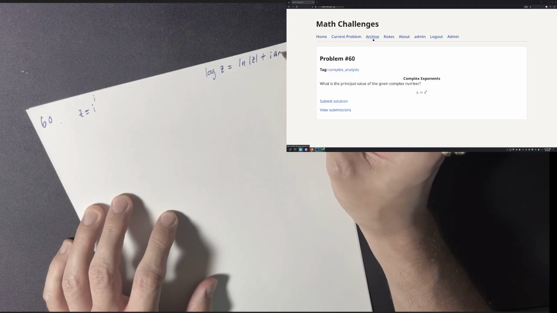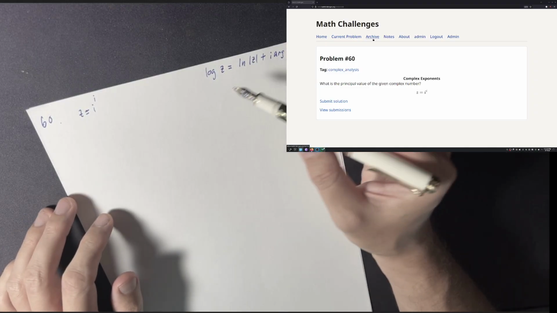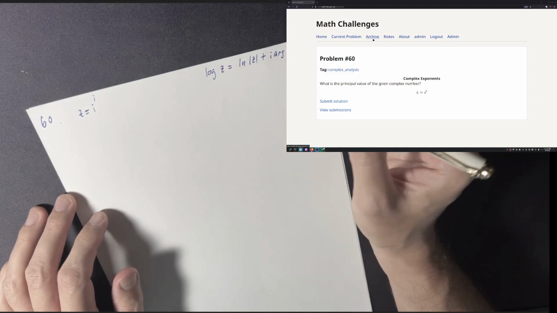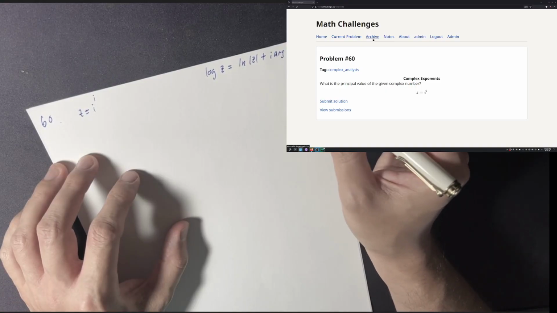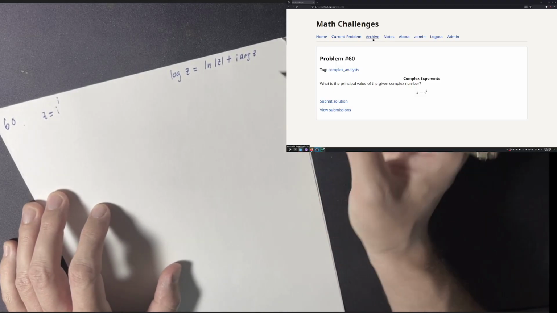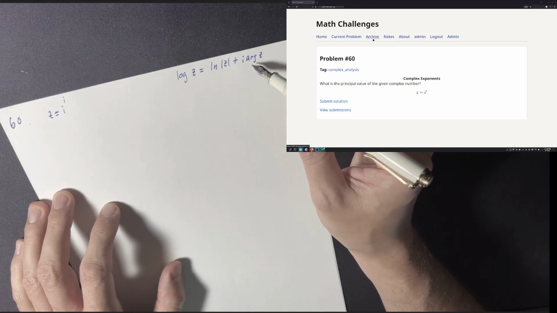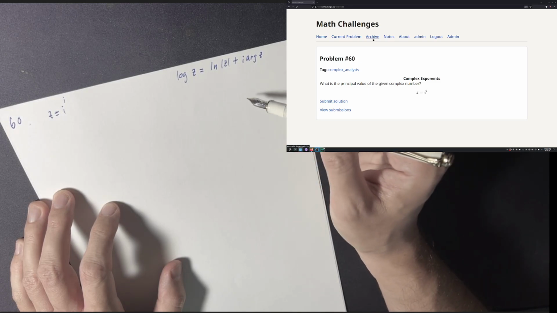So here we'll have arg z. Usually prior to talking about logarithms, you first talk about polar coordinates, and maybe Arg with a capital A refers to the principal value, meaning a value between like negative pi and pi.